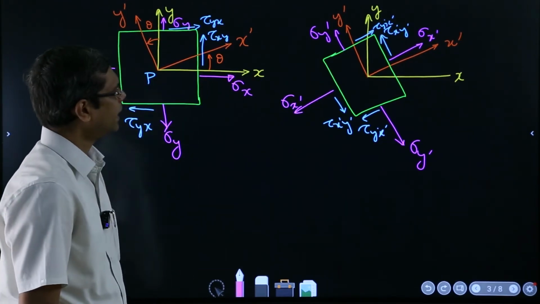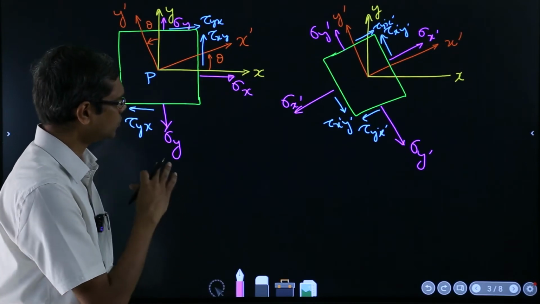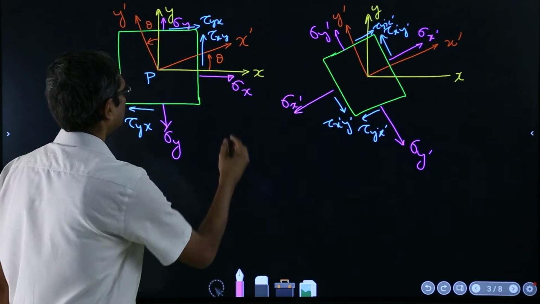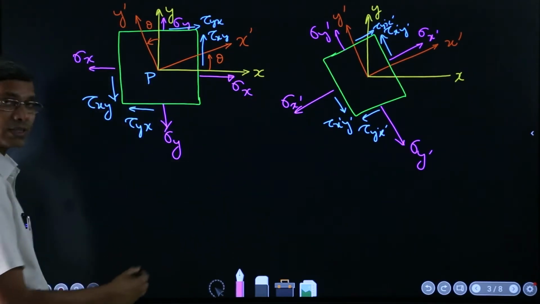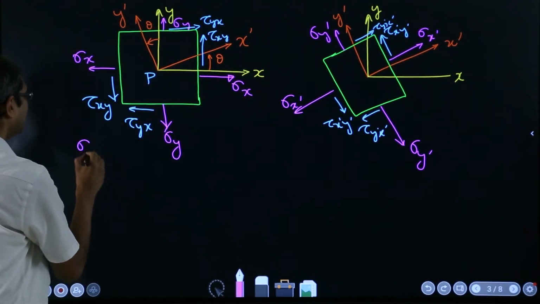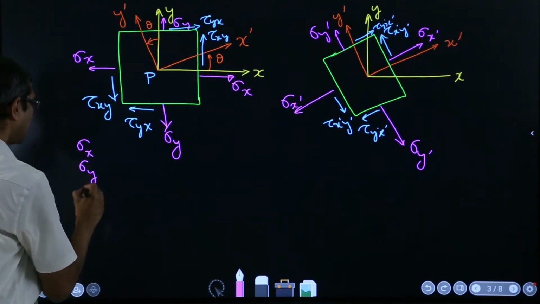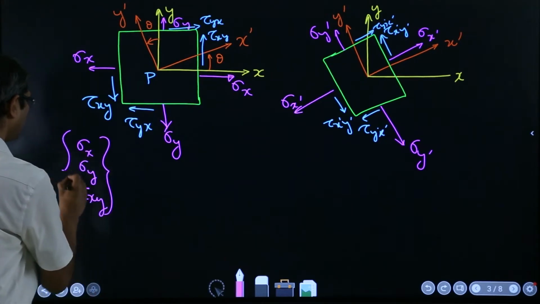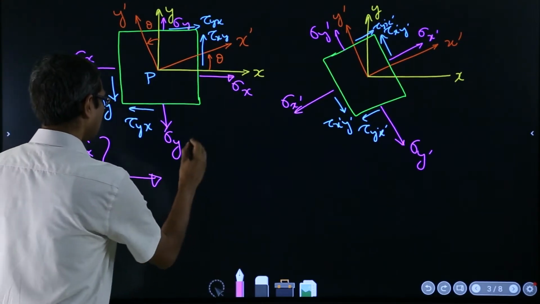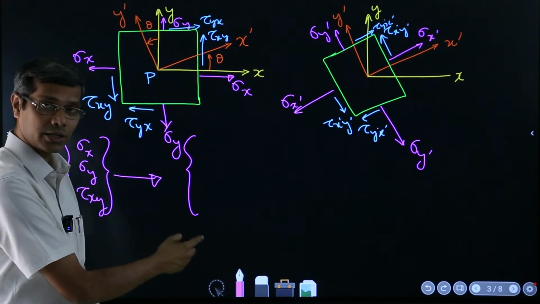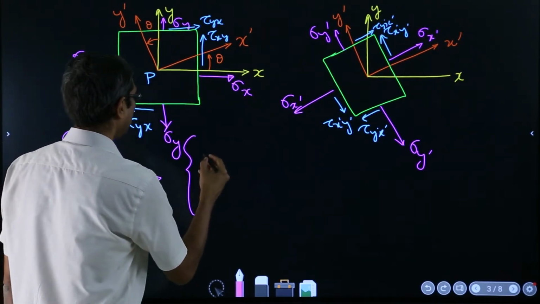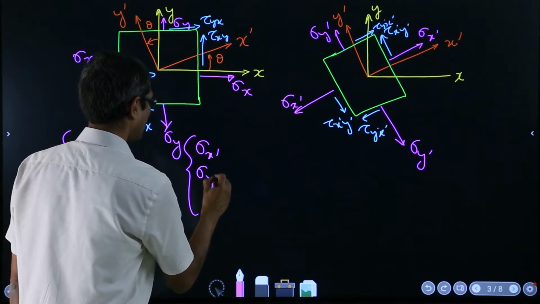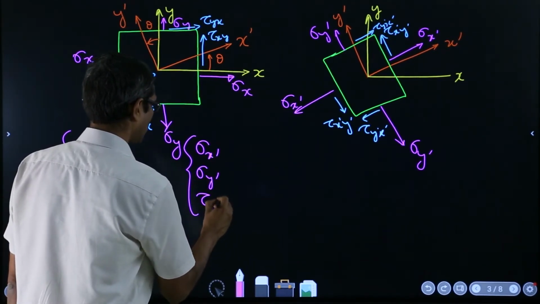Okay. Now, what we are set to do is take sigma x, sigma y, and tau xy, and see the relationship for how they get transformed into sigma x primed, sigma y primed, and tau x prime y prime.